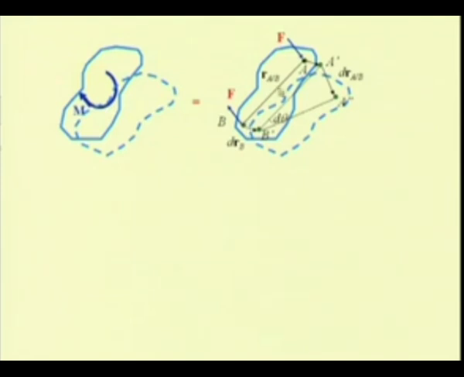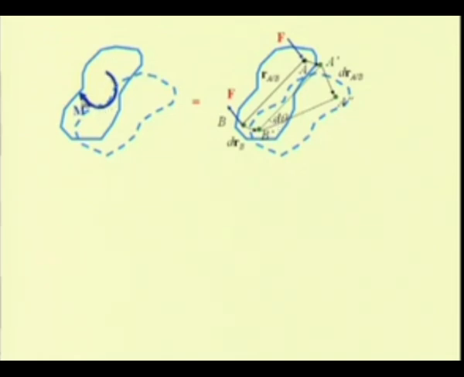If we know the relative position of A with respect to B, that is RA by B, then we can define dRA by B with respect to this angular displacement d theta.